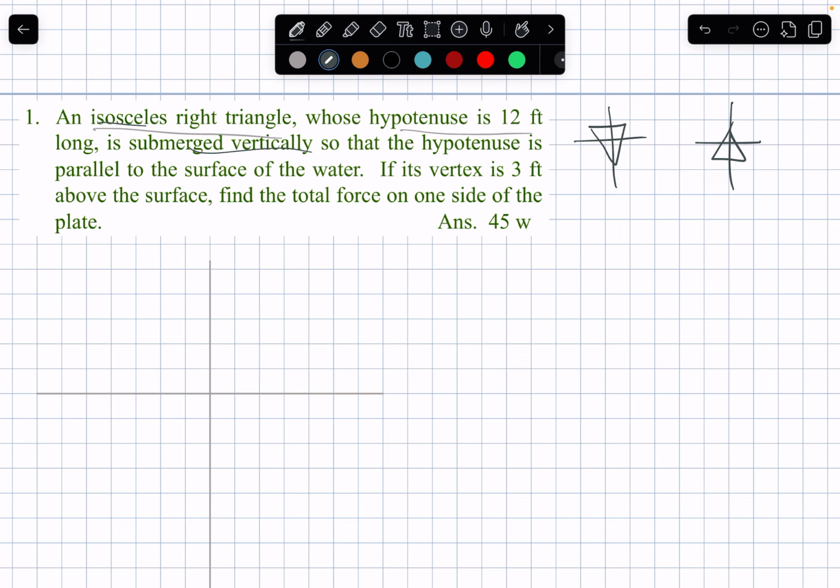Specifically, the reason why the triangle is exactly at the center of the Cartesian plane, with its very center at the origin, is because it says here that the vertex is 3 feet above the surface. So we're going to assume that the x-axis, or y equal to 0, is our surface. So the vertex is 3 feet above the surface.